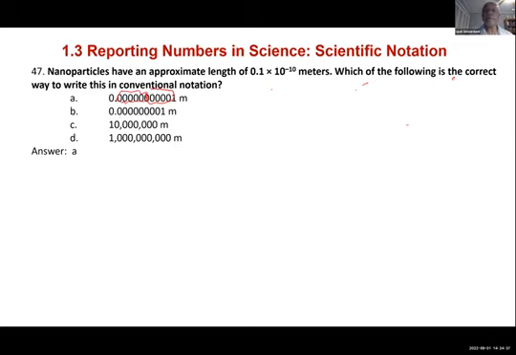You have this 0.1. This has to be moved 10 times. If you get here, 1 is gone, then 9 times means 8. Okay, I'm not saying it right.